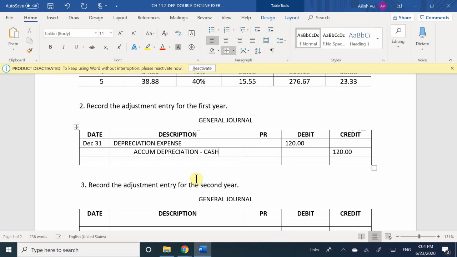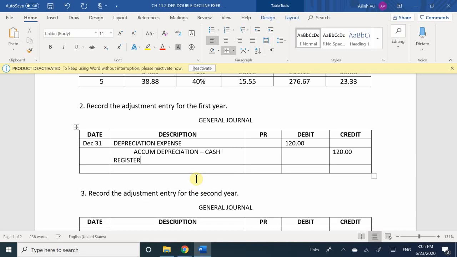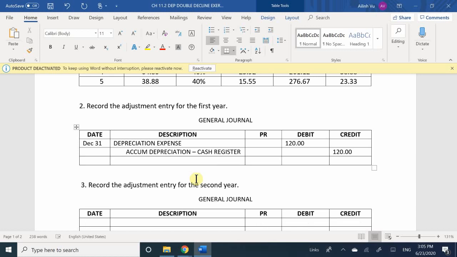Cash reg. There you go. I don't have space to put register. Oh, barely made it. Okay. Yes, so good.